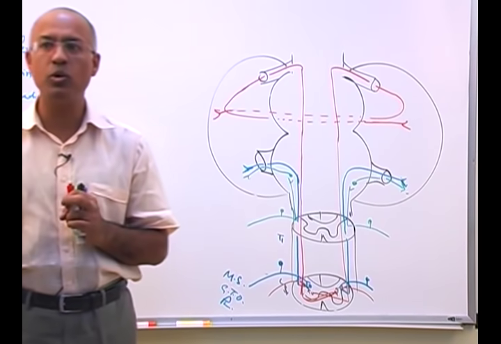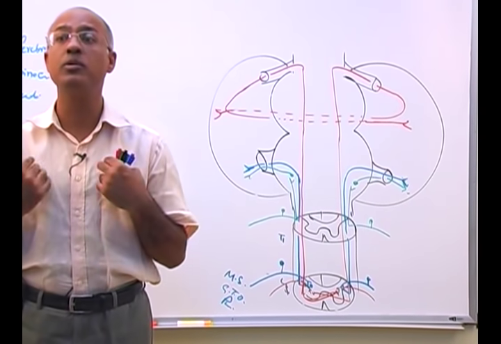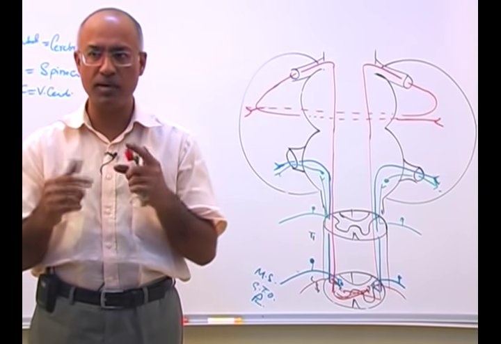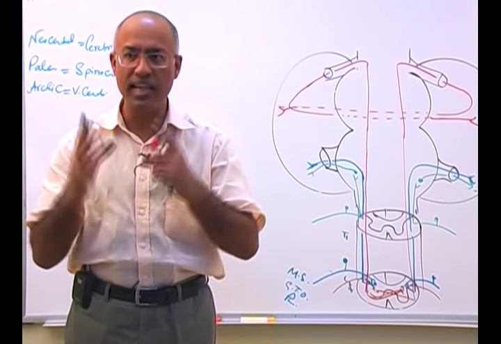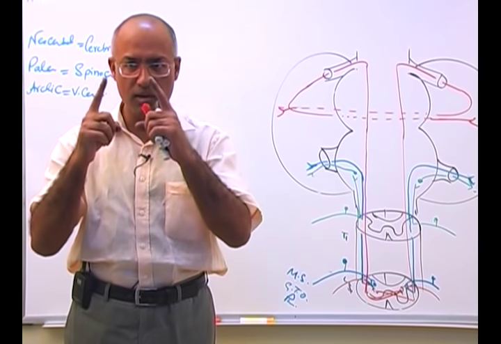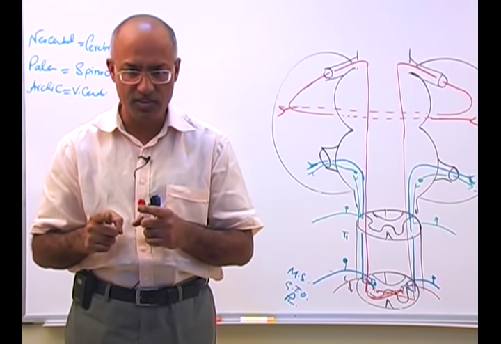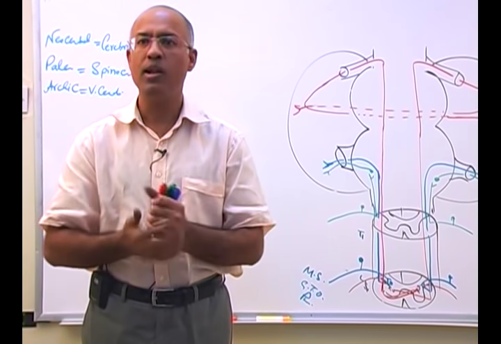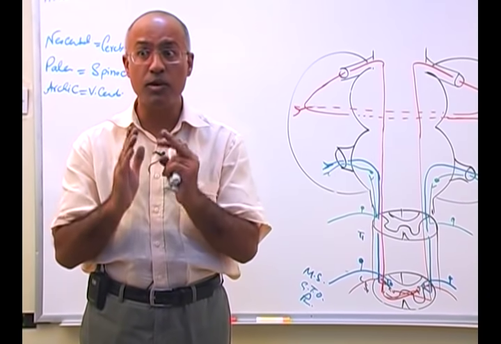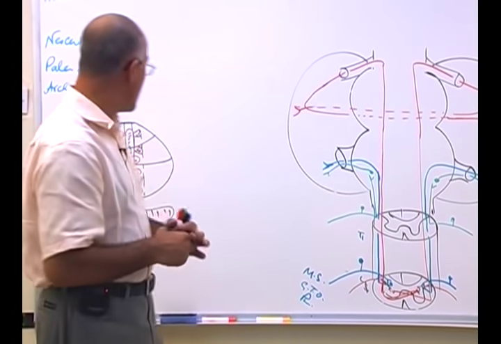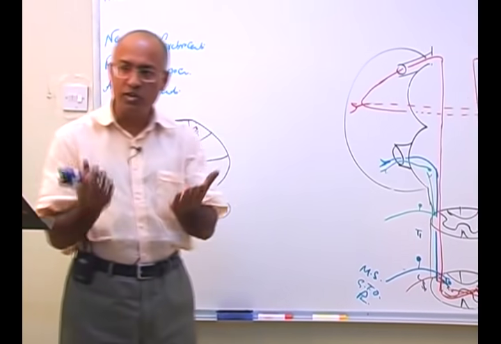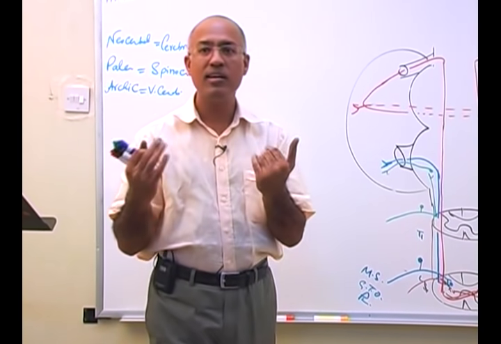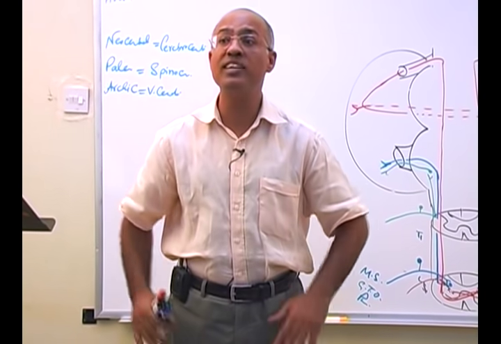Up to now, I have told you how many pathways to the spinocerebellum. Spinocerebellum constitutes the vermal and paravermal region. The vermal region is for the axial system and the paravermal for the distal part of the limbs. This vermal and paravermal region of the cerebellum is supposed to collect information about what the actual movements going on are.